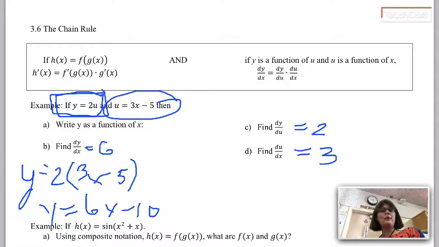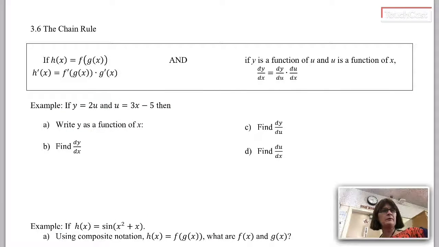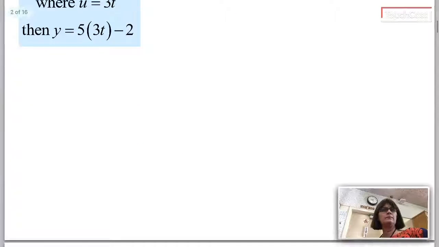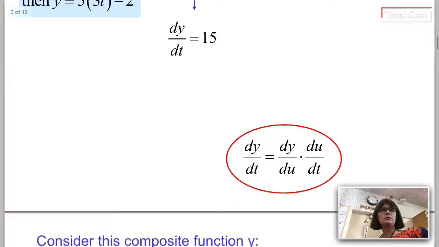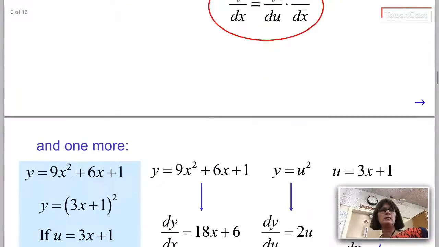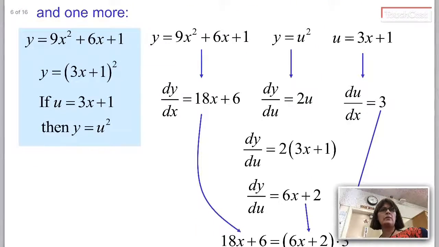So you can walk through lots and lots of other examples. Let's do one more. This one's not on your paper, but I think it can be helpful. Okay, so what if I have this function y? y is 9x squared plus 6x plus 1, which is the same as saying y is (3x plus 1) squared.